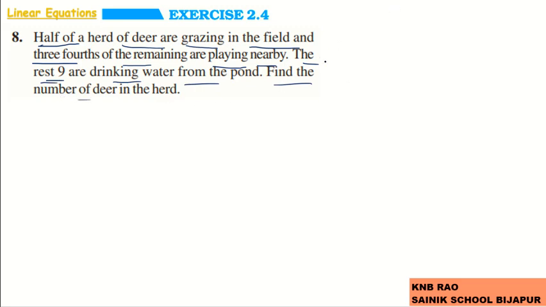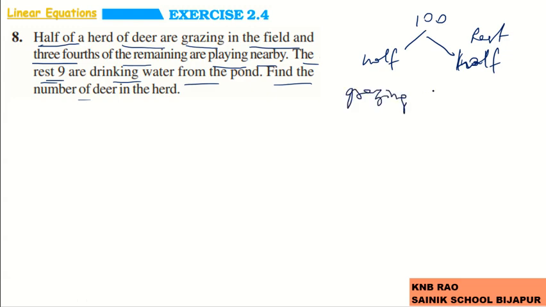Let us say you have got 100 deer. In that, half are grazing and the rest half remains. 3/4 of the remaining are playing.